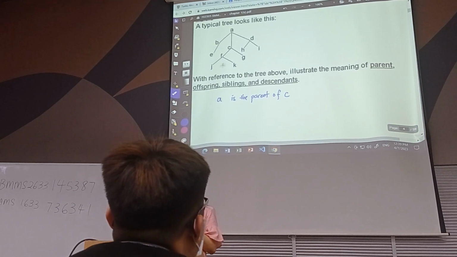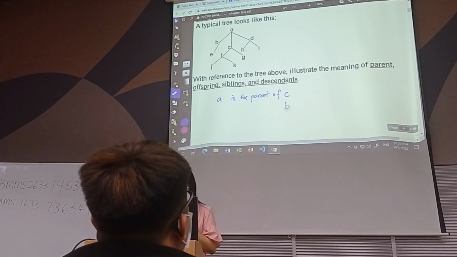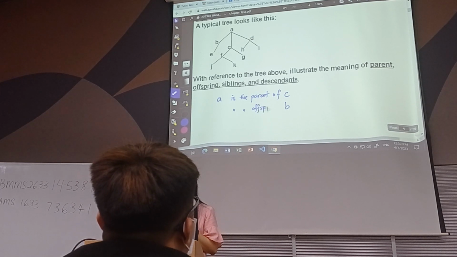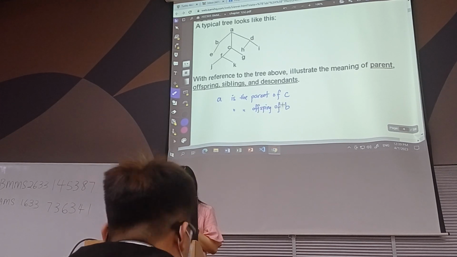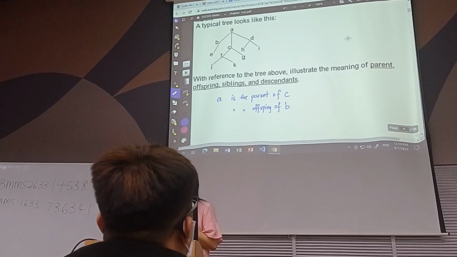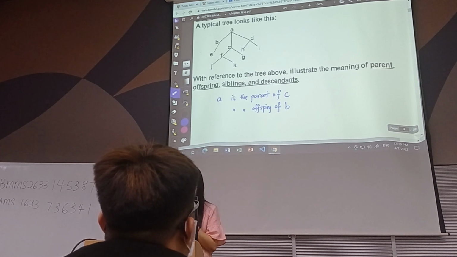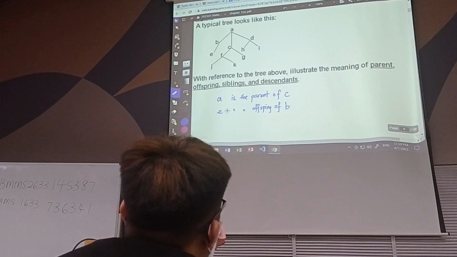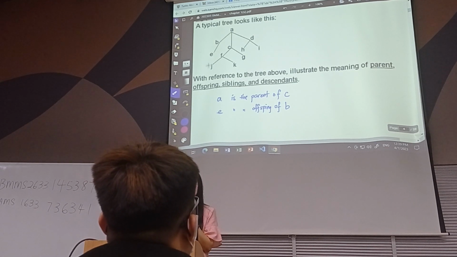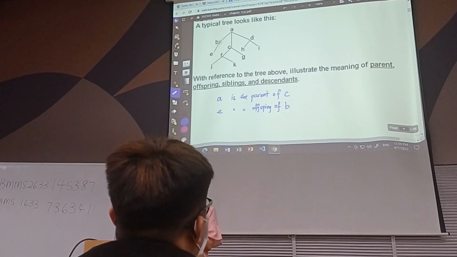Who is the offspring of B? Which vertex is the offspring of B? Yes? E. Okay? So as I say, the offspring is the children. So in this case, the child of B is E. So we will say E is the offspring of B.